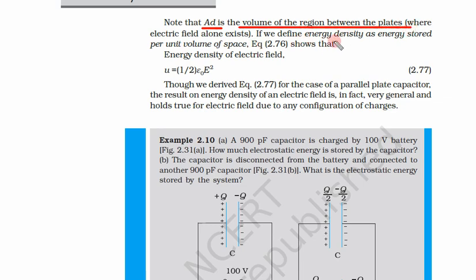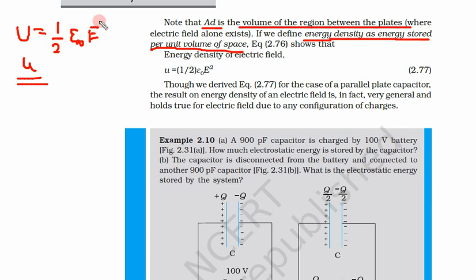So if we define energy density, again see, this energy was capital U, and this energy density is small u, energy per unit volume. Energy density is energy stored per unit volume. The energy stored was 1 by 2 epsilon naught E square into AD, that was the volume. Now if we divide by volume, the volume cancels out and we get energy stored per unit volume.